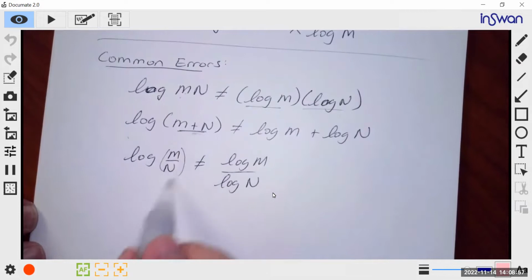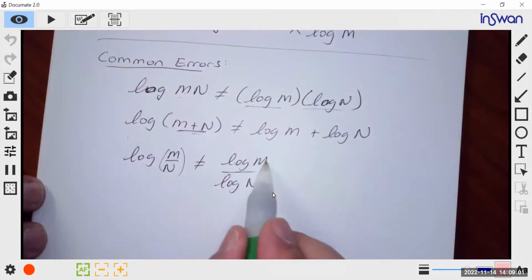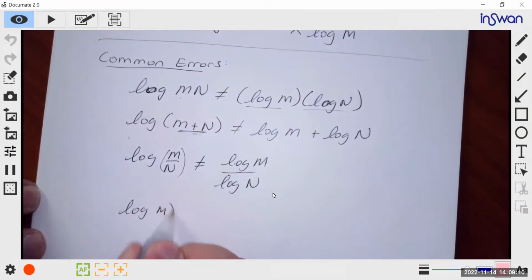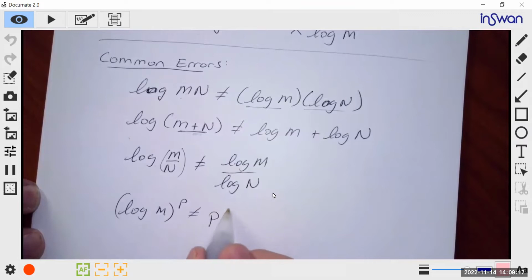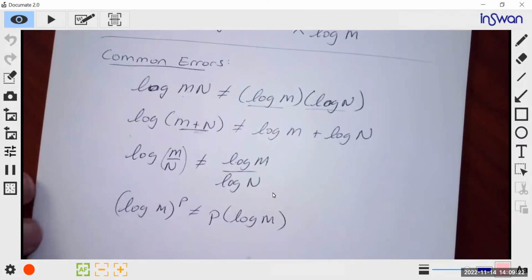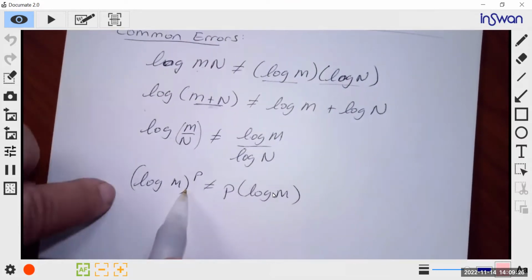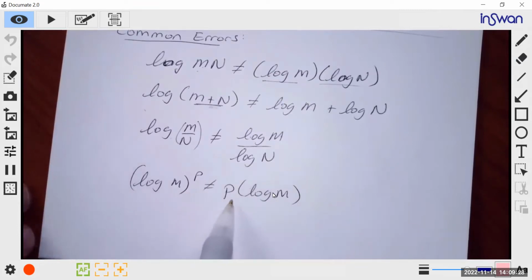If I have a quotient, I can't take the log over log. Conversely, if I have log m over log n, I can't rewrite it as this. And if there's an exponent outside the logarithmic functions, I can't make it a coefficient.